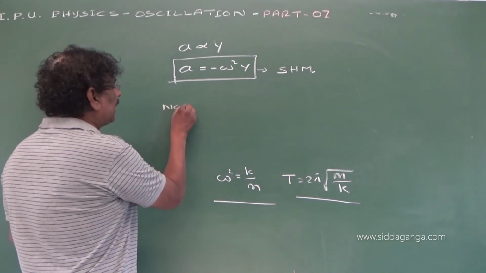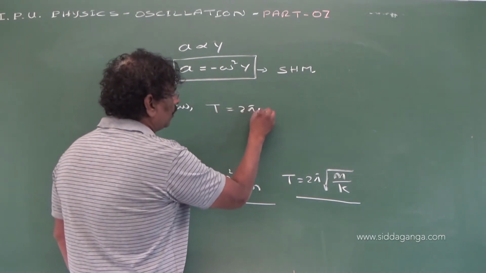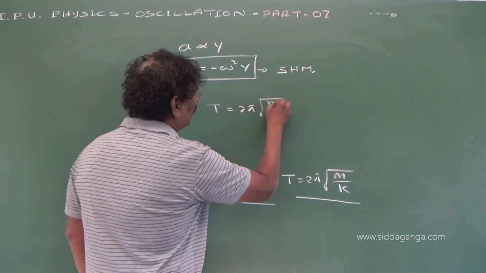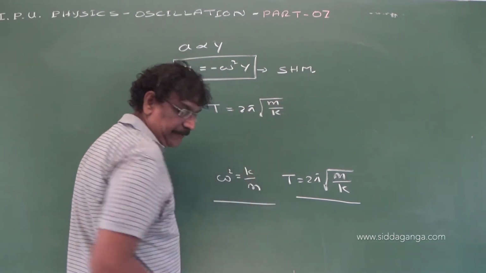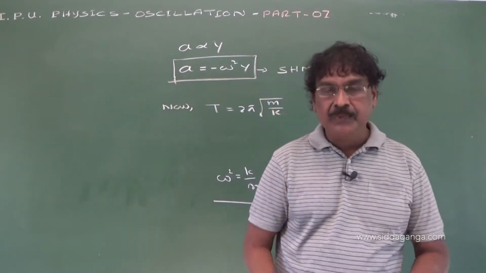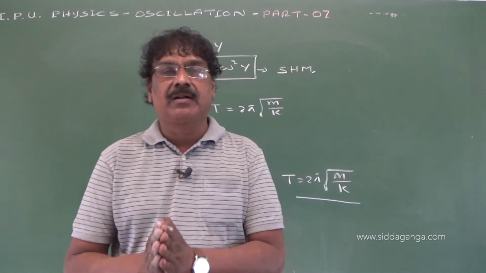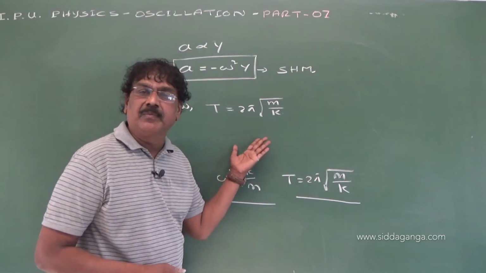Now in that case, the period T is equal to 2π times the square root of m by k. Is that clear? What I am telling is, we have the expression for the time period of simple harmonic motion.